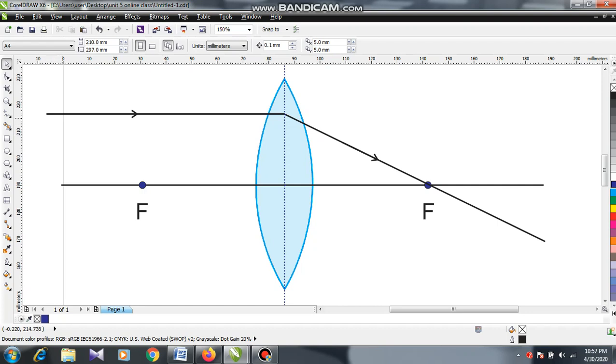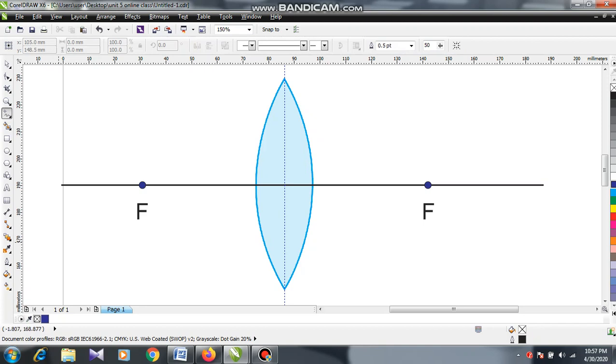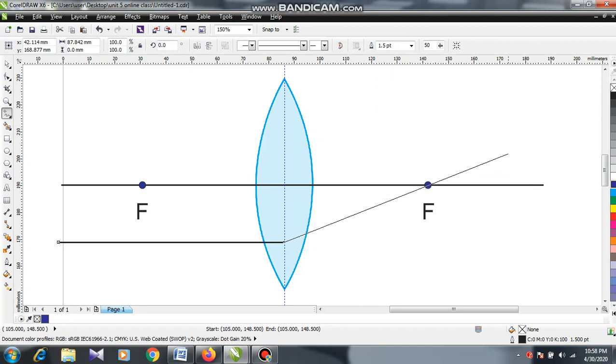You can think in the other side. The ray is coming from the left side below the principal axis, parallel to the principal axis. Now it will be refracted through the focal point in this manner.